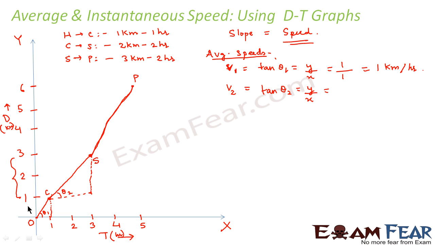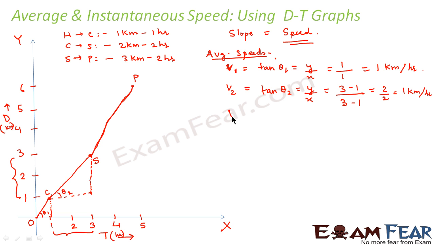So y is 3 minus 1. And what will be the value of x? We want this total value minus this one, which will again be 3 minus 1. So this is equal to 2 by 2, which is again equal to 1 kilometer per hour.